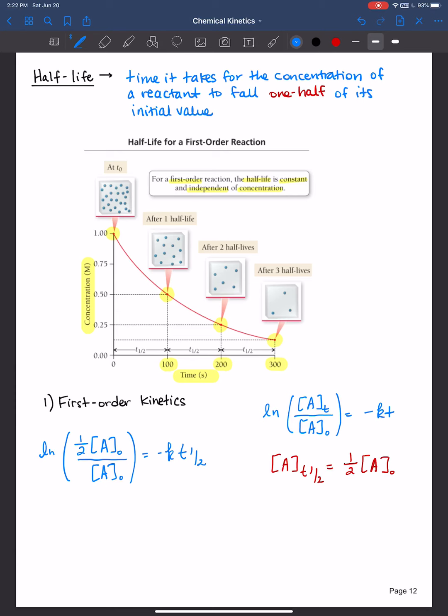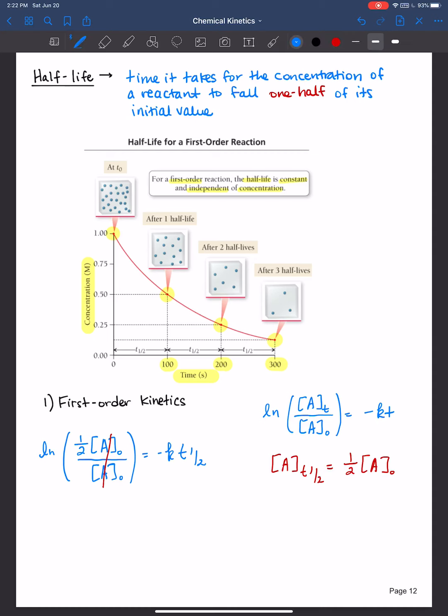We're substituting time for the half-life. And as you can see here, the initial concentration cancels out, and so that's why first order kinetics is independent of that initial concentration. You can see that derivation right there.